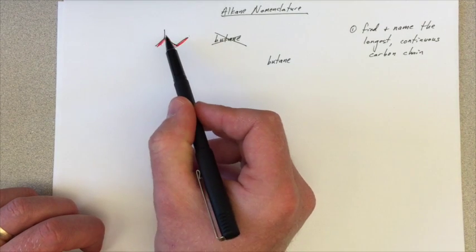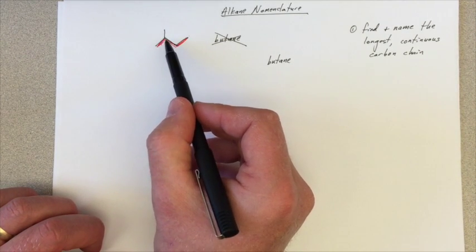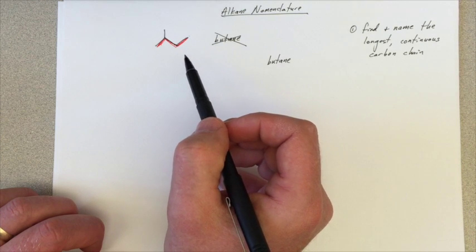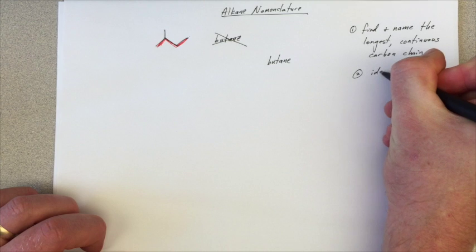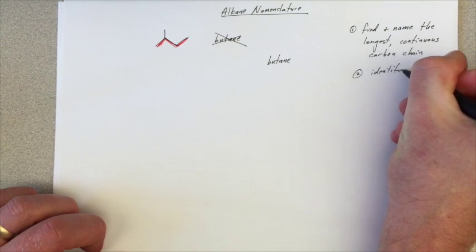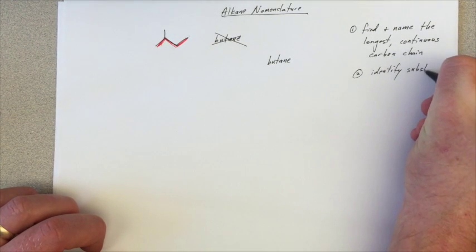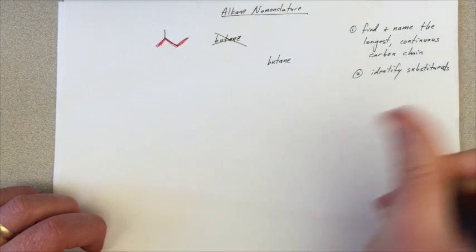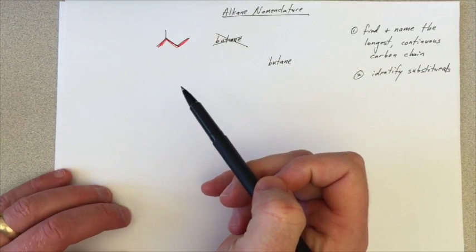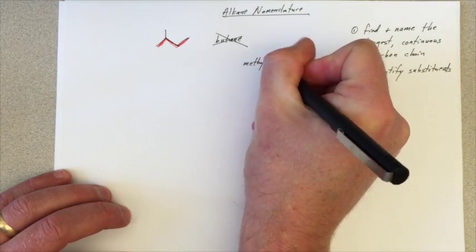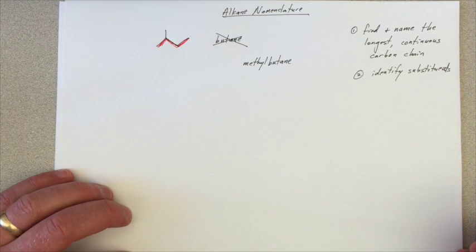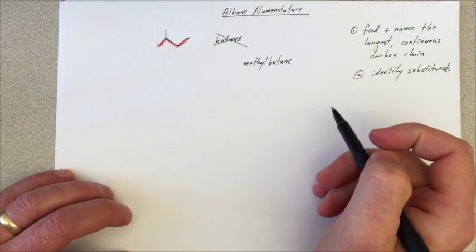And so that extra one that's not part of my parent butane chain is a substituent. And so we need to identify the substituents. In this case, we have a 1 carbon substituent, and so that is going to be a methyl group. And so we don't just have butane, we have methylbutane.